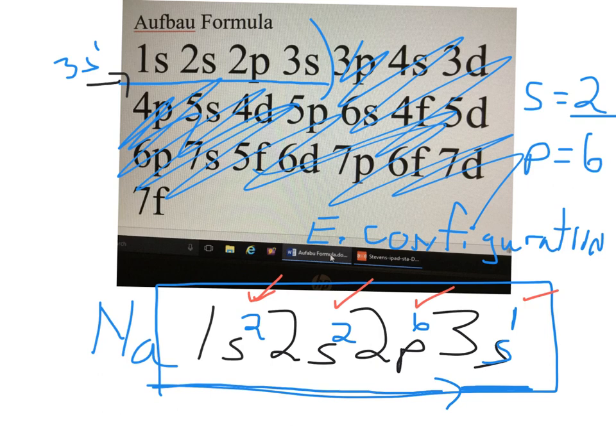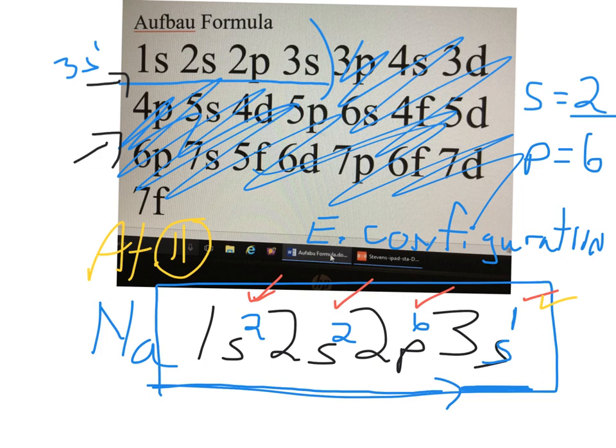When your atomic number, and my atomic number for sodium is 11, equals what all your superscripts add up to, that's how you know you're correct. Now, if you use this formula, you can never go wrong. I know that was the first one, so let's go ahead and start.